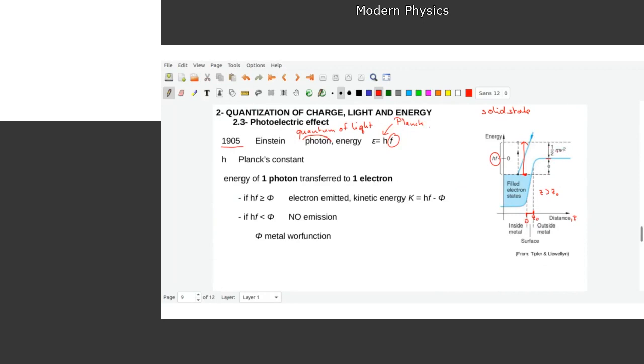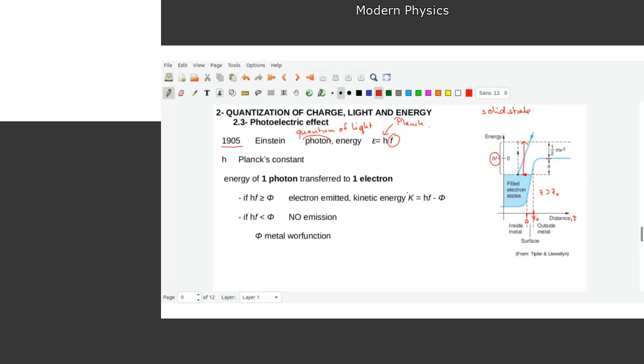This is the mass of the electron, and this is its velocity, soon after it got out of the cathode material. So you have the kinetic energy K, which is the energy of the photon minus the work function needed to get out of the metal.